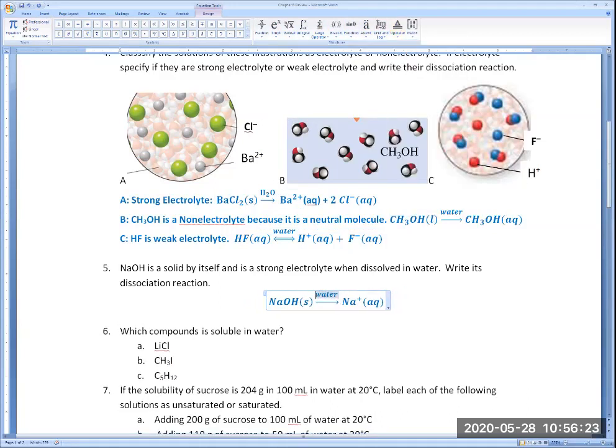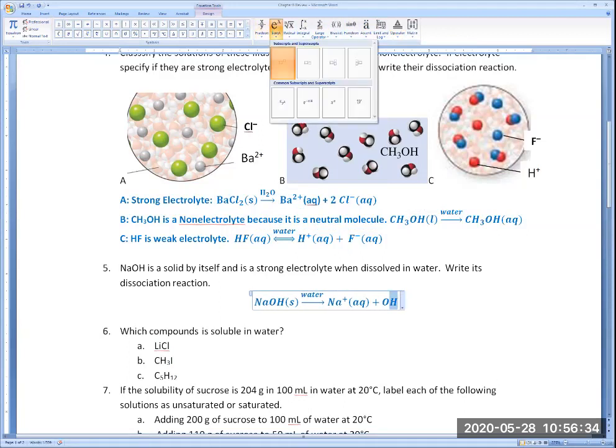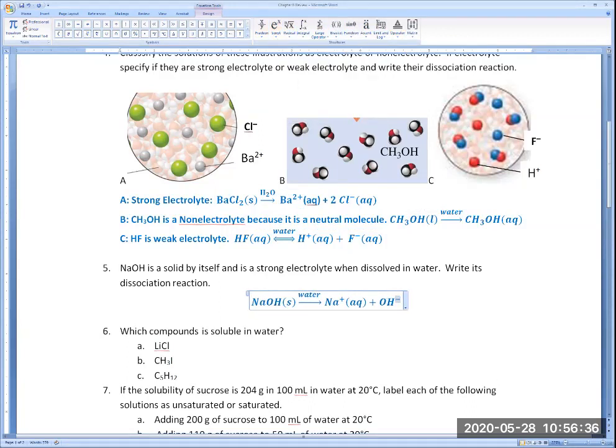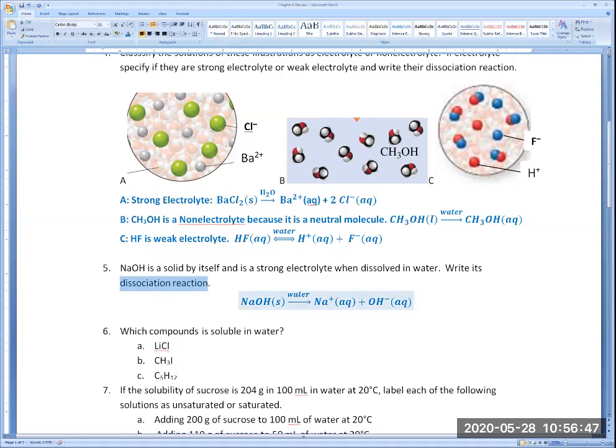Okay. Na plus, plus. And we saw OH minus is a polyatomic ion, so it stays together like that. OH minus is called the hydroxide ion, and it's aqueous when you place it in water. So this is the dissociation reaction of a strong electrolyte because it only makes ions when you place it in water.